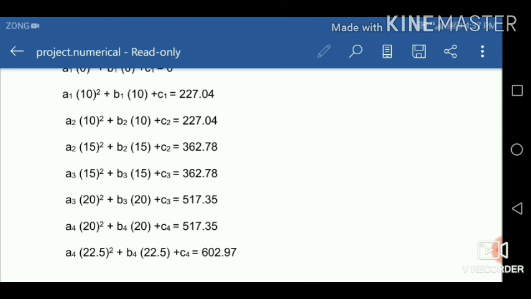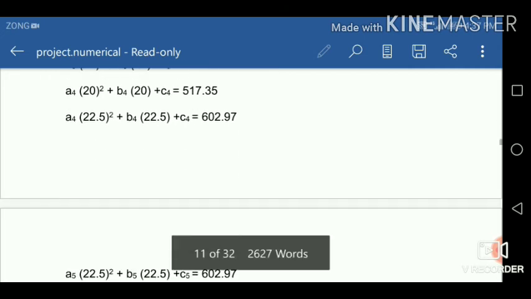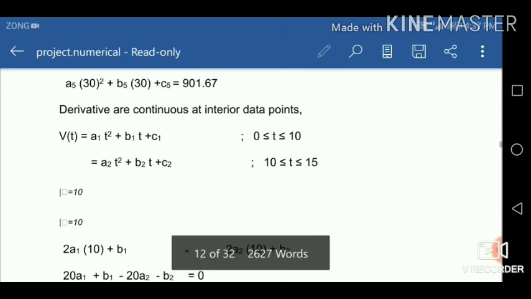Then a2 times 10 squared plus b2 times 10 plus c2 equals 227.04, and a2 times 15 squared plus b2 times 15 plus c2 equals 362.78. All these splines are defined at the given consecutive data points, giving us the equations.